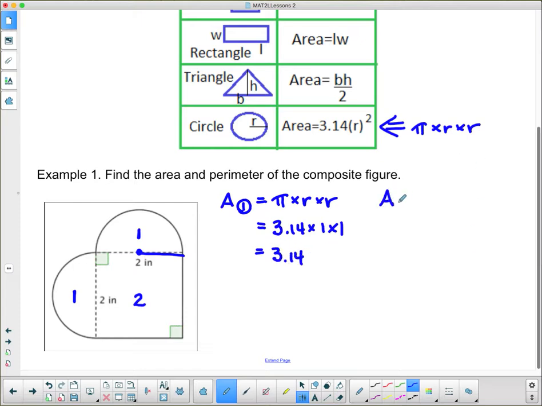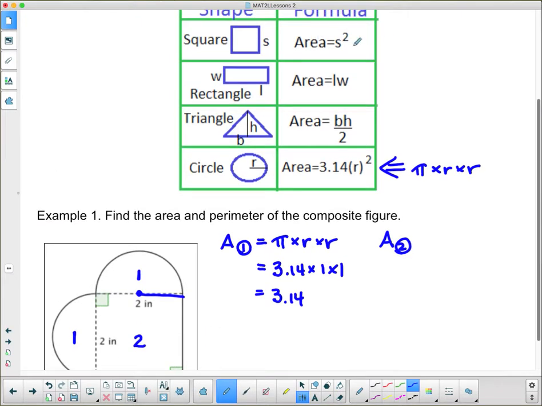Now the area of 2 is a square, and the area of a square is just the side length squared, or side times side. In this case, side times side is 2 times 2, which is 4.